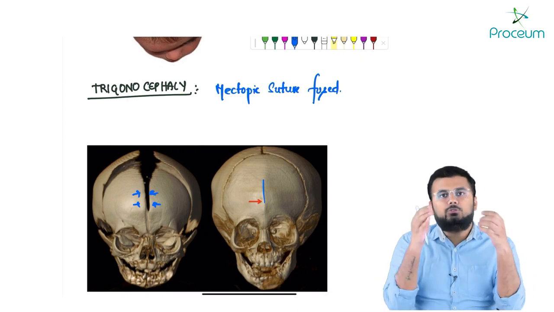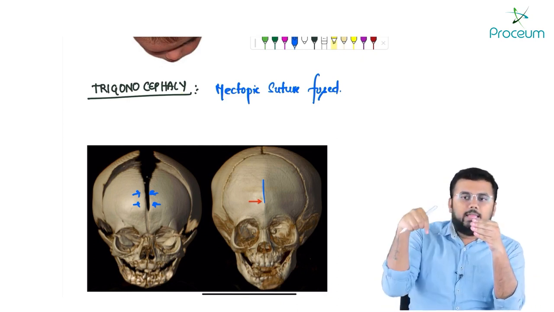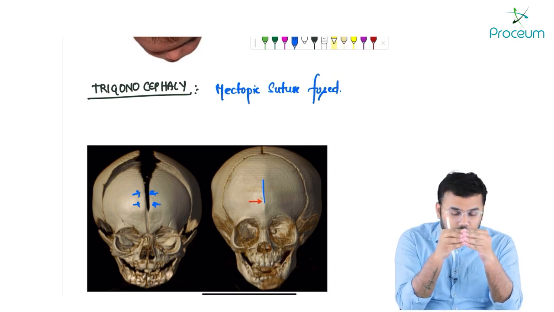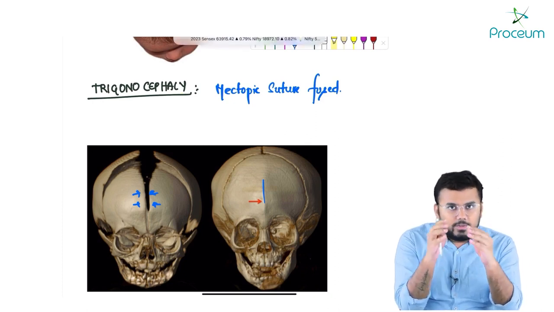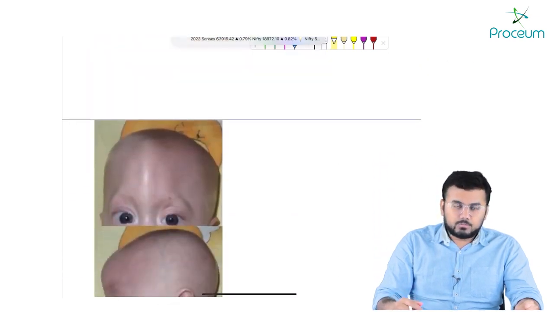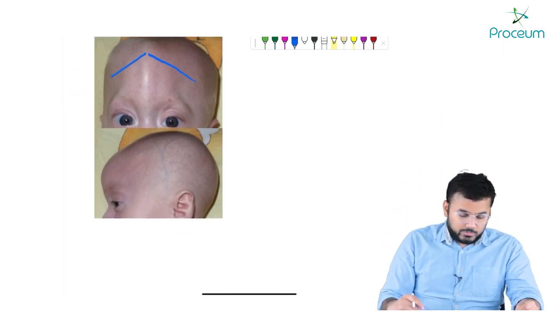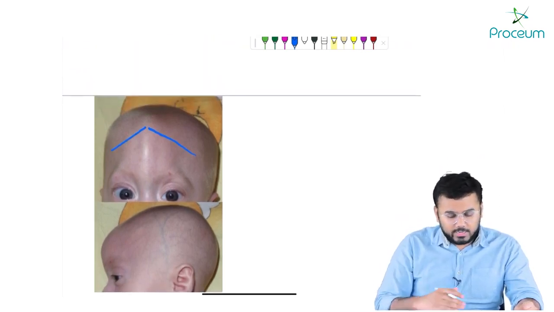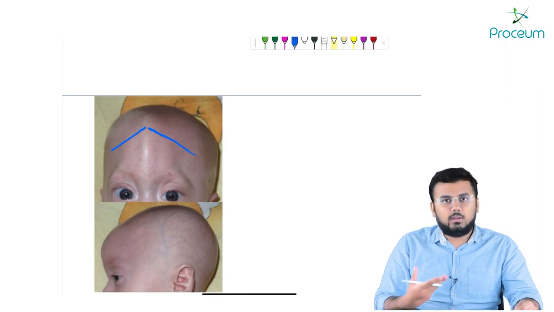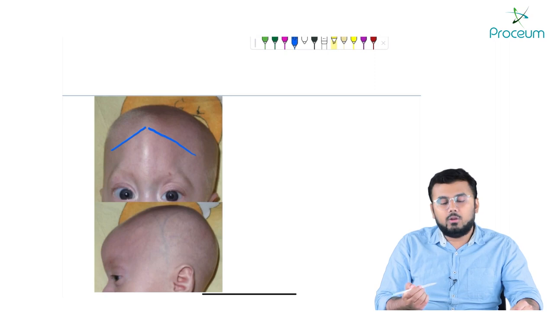Now when the metopic suture is fused, you see a triangle shape here, right? That is why it is called as trigonocephaly. Now when you look at the baby also, you will feel that triangle shape on the face. You see this triangle here. So from the anterior view, you can appreciate well that there is some feel of a triangle over here, right?